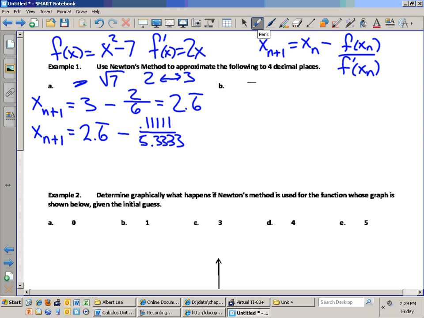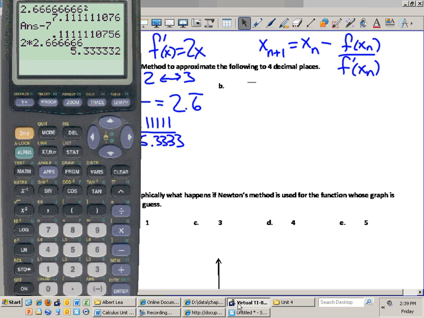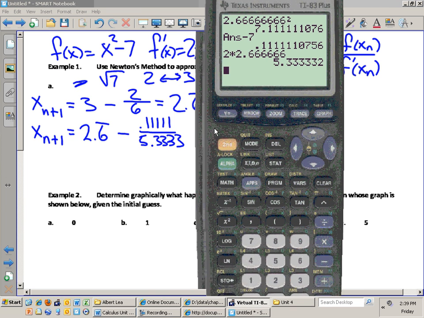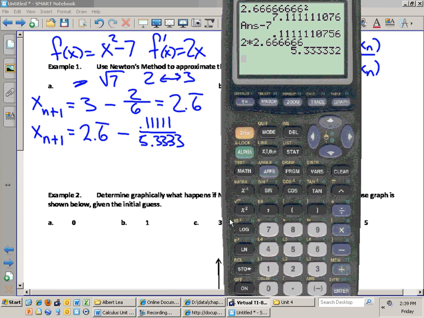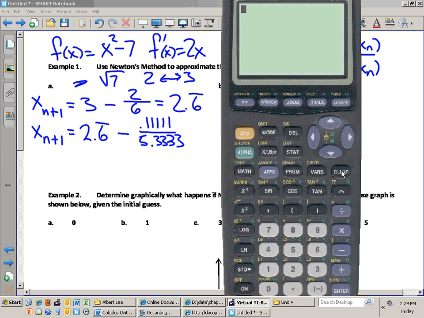Now notice we're using our calculator to help us do this more quickly. Newton would do this all by hand. And yes, it would take him longer, but he came out with amazingly accurate answers.